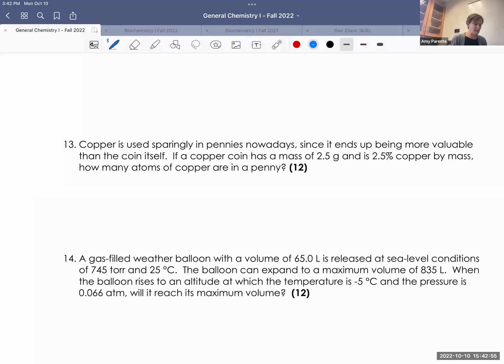So one of the things I can do is say 2.5 grams of copper is in every 100 grams of coin. That's what 2.5% copper by mass means, okay?